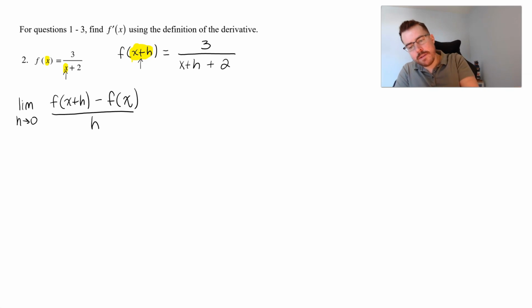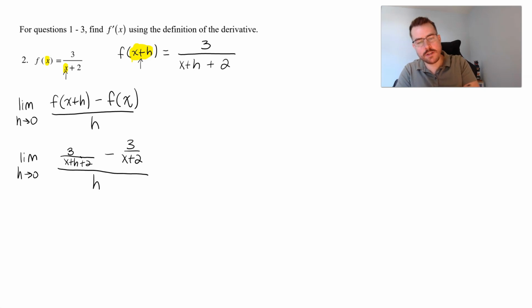Okay, so now we can fill in our formula. So we get the limit as h goes to 0 of f of x plus h, which is 3 over x plus h plus 2, minus f of x, which is 3 over x plus 2, all over h. Now we have this complex fraction here. To simplify a complex fraction, the easiest thing we can do is to just multiply our numerator and our denominator by the common denominator.